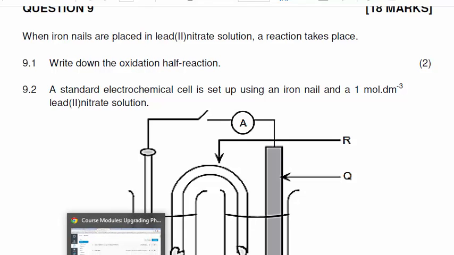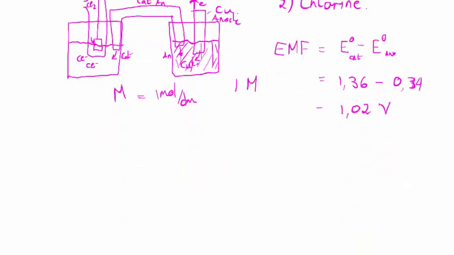So let's see if an iron nail, okay, if a reaction takes place between iron and the other one is lead 2 nitrate, so that would be Pb2 plus, okay, then he will, if the reaction takes place, he will get electrons.